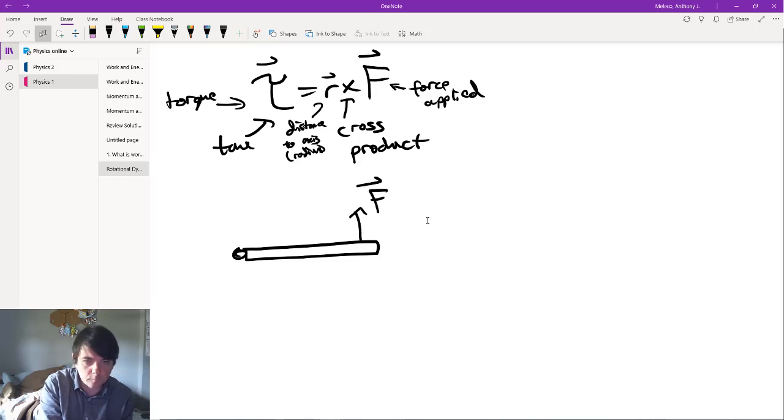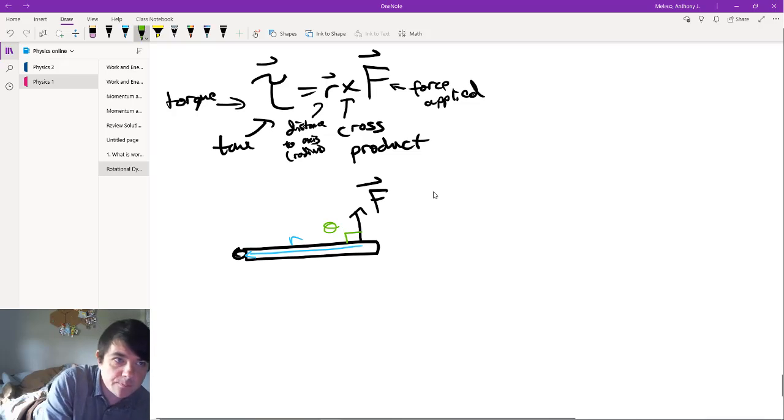F, R. This is our angle between them, theta. And the torque that results is actually perpendicular to both of these.